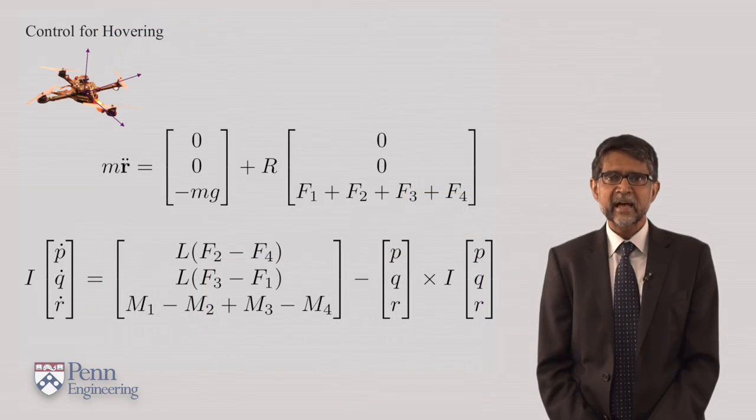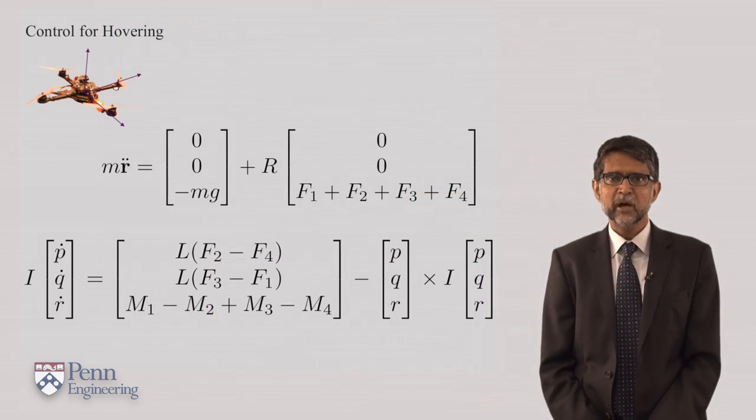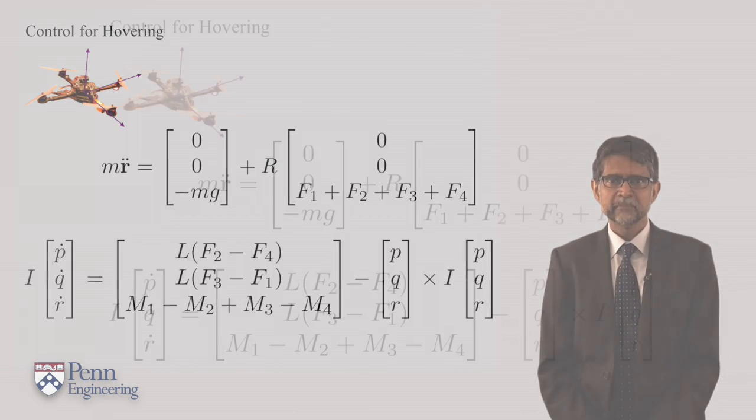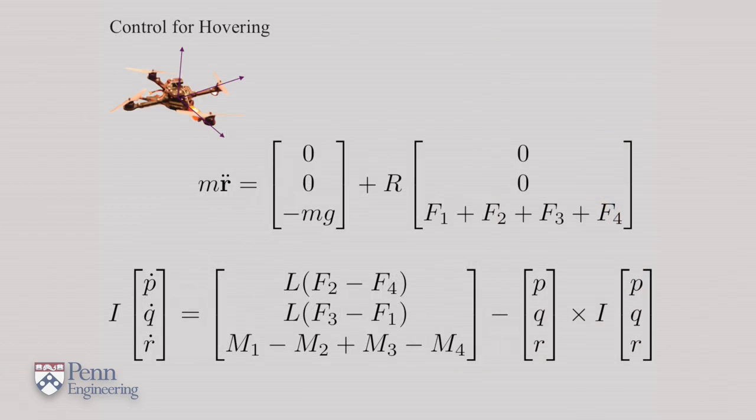Rather than looking at the general trajectory following problem, let's focus our attention to a very specific case, the case of hovering. So in hovering, the position and orientation are fixed. In other words, all velocities are 0. Further, the roll and pitch angles are equal to 0.